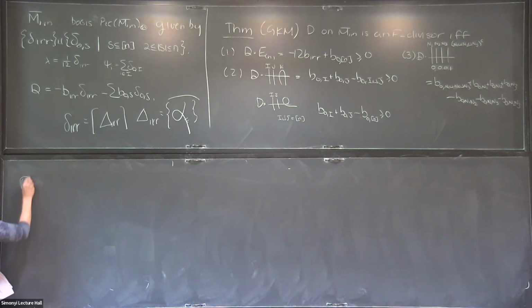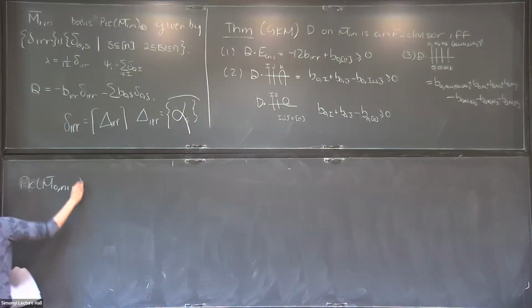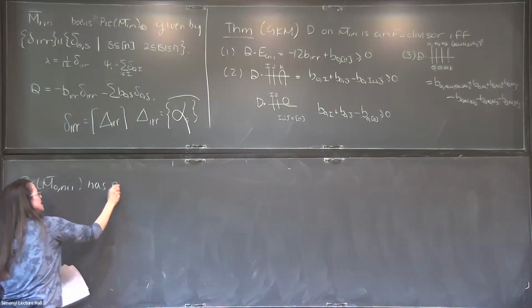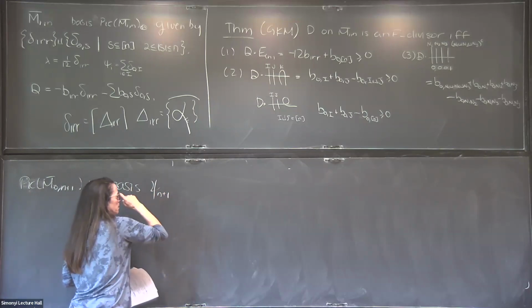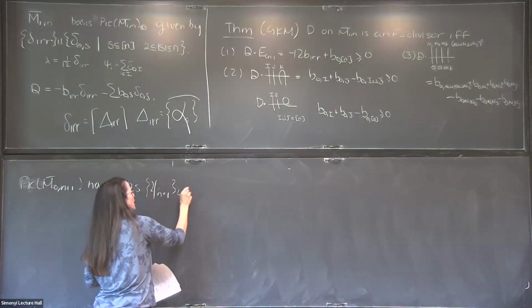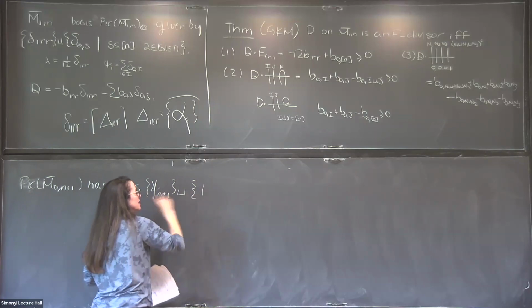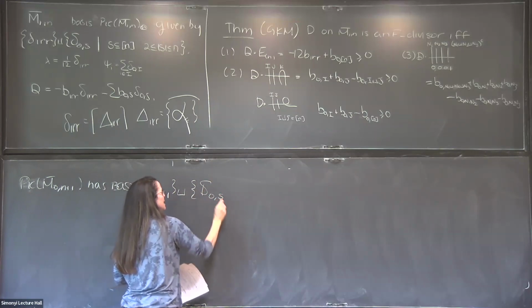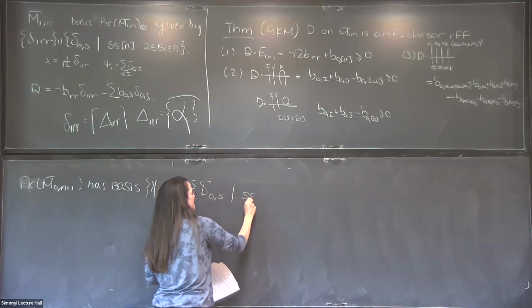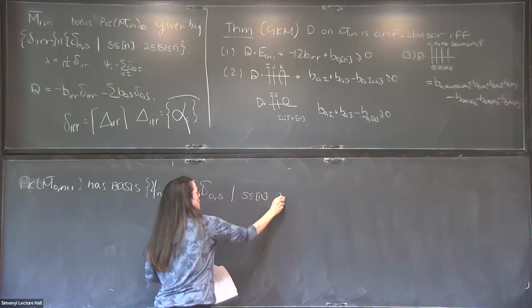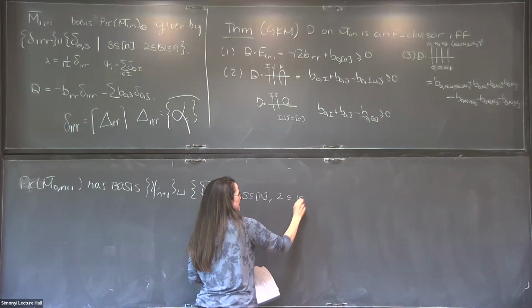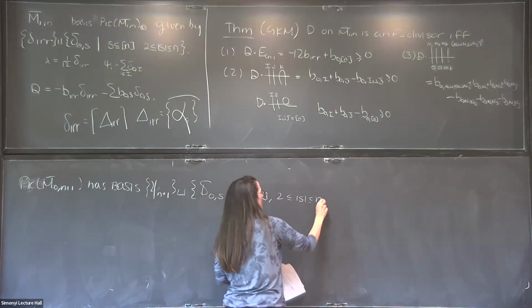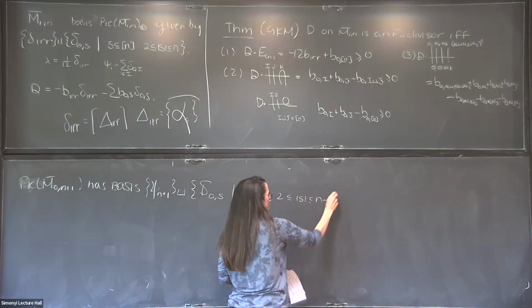So if I pick M0, N plus 1, it has basis psi N plus 1, and then we can take the boundary classes delta 0 S, S in N, with S has to have at least 2 elements, and we need to have 2 in the complement.